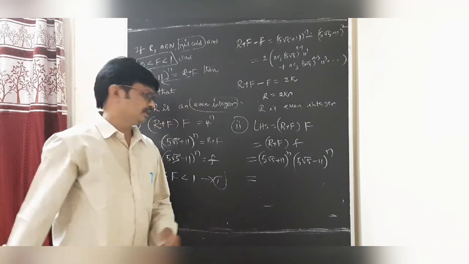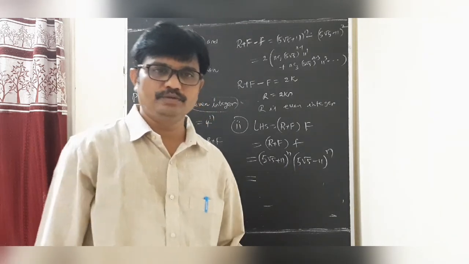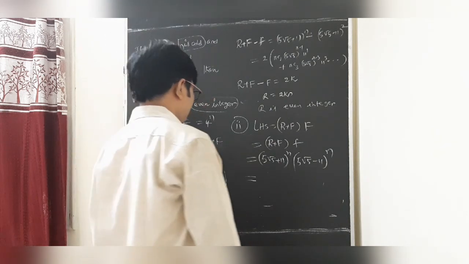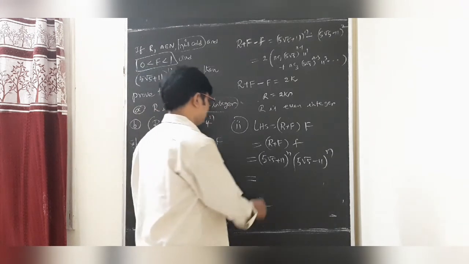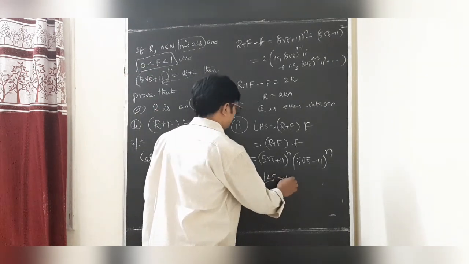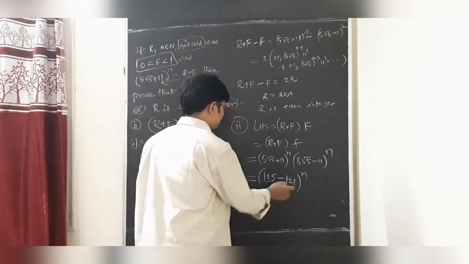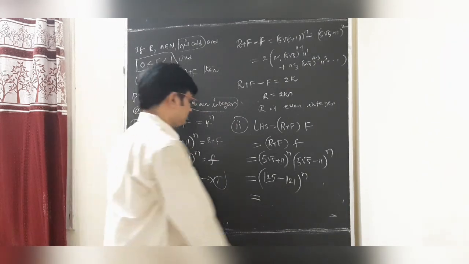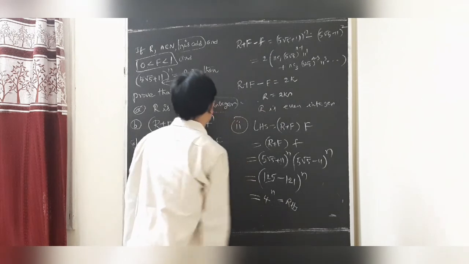This is what, students? a plus b into a minus b, a square minus b square. This is 125 minus 11 square, which is 121, whole power n. So students, 125 minus 121 is 4 power n. This is the right hand side.